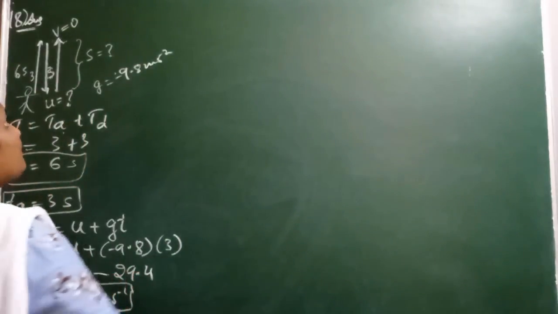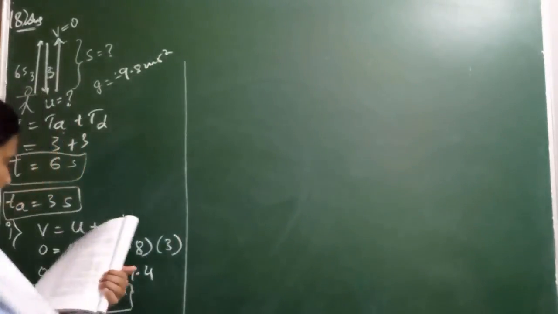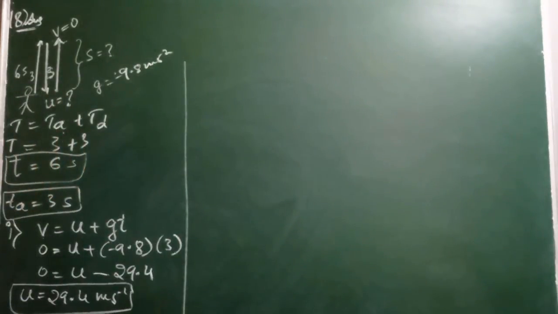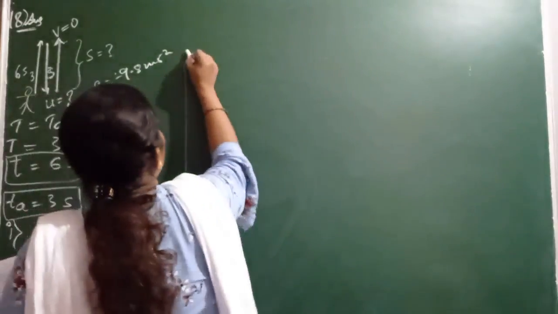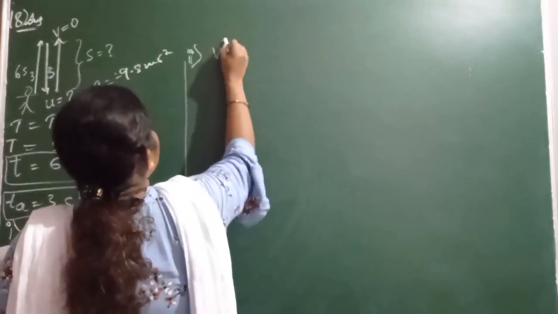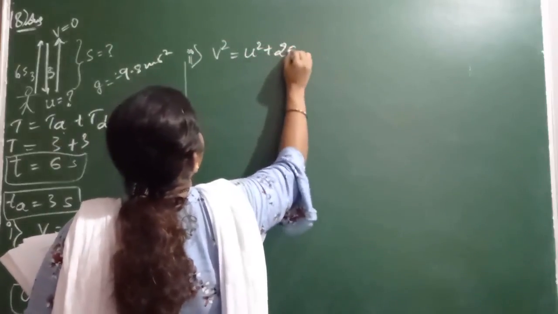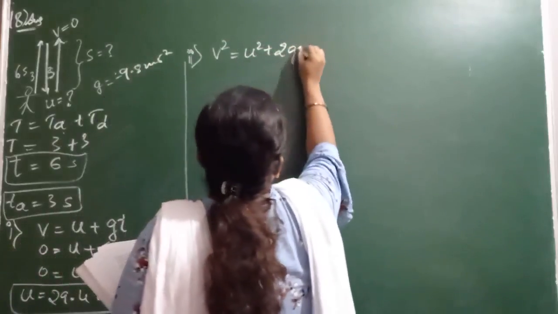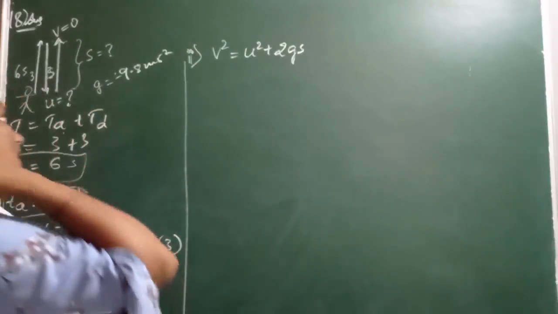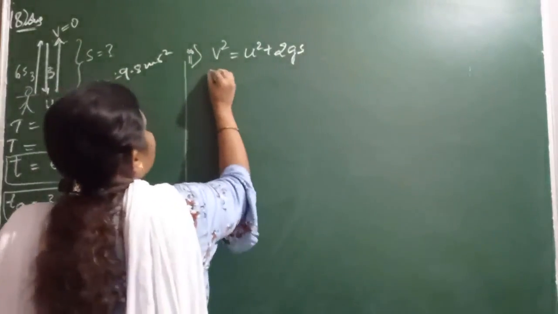The next part. What is the next part, children? We have to calculate the maximum height it reaches. So S we have to calculate. Let us use the formula v square equals u square plus 2as, here 2gs. Now what is the v value? 0 square.